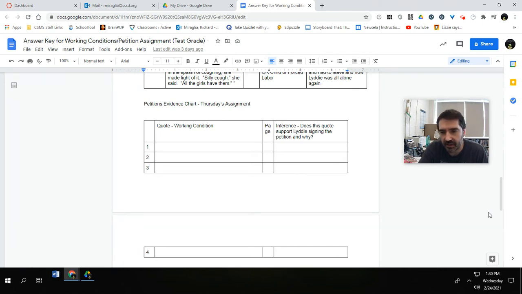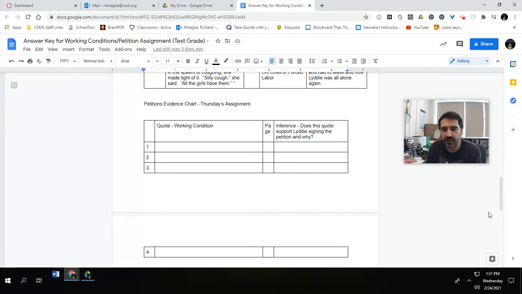And then the third column is an inference: does this quote support Liddy signing the petition and why? Now the first two columns you can get from the previous chart. So it's going to be a copy and paste, not a cut and paste, once you figure out a few items.